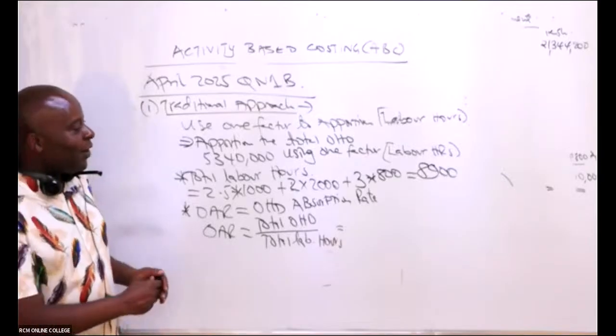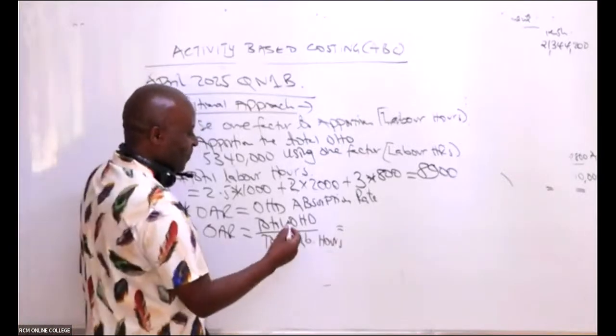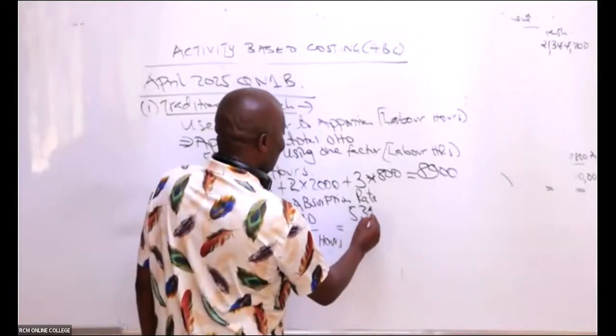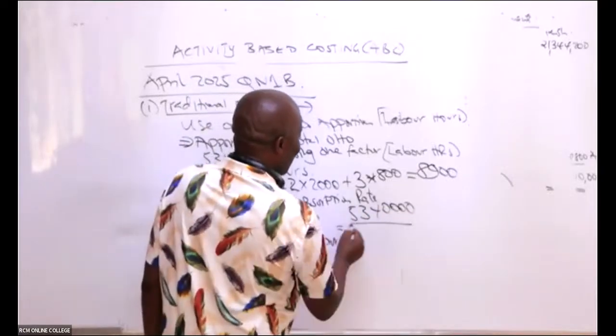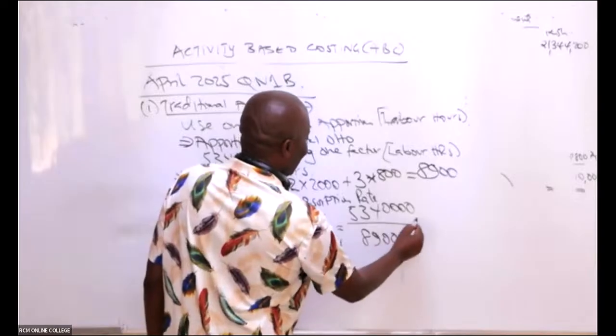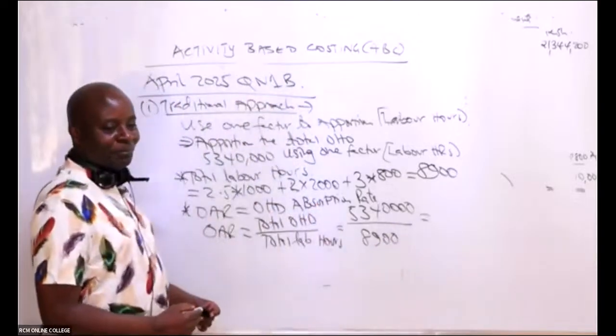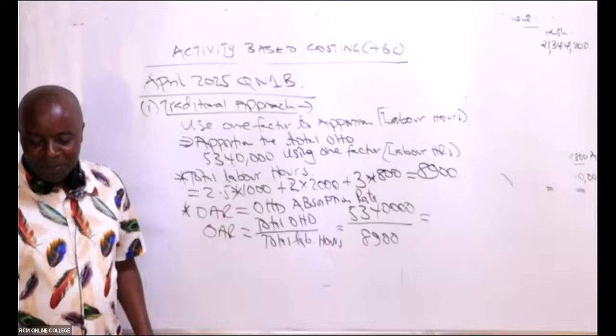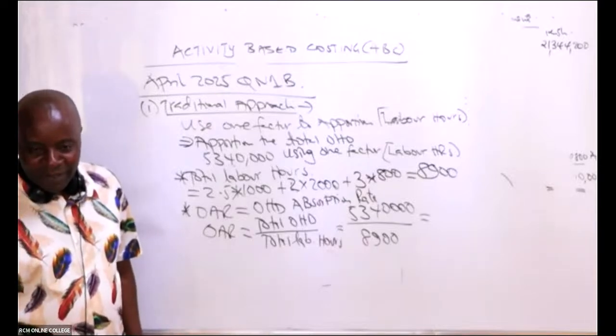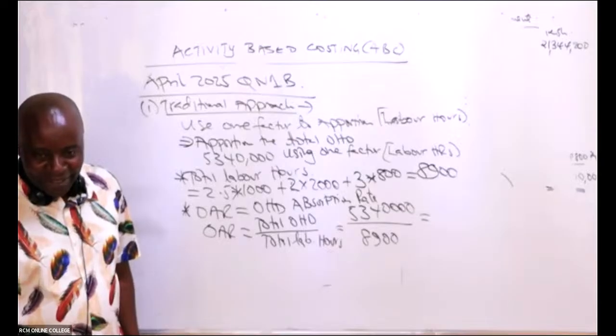So total overhead, how much are we talking about? Are they able to see this 40,000? Oh, I'm alone. 8,900. 600, right?